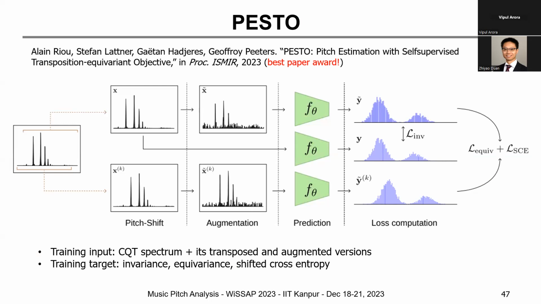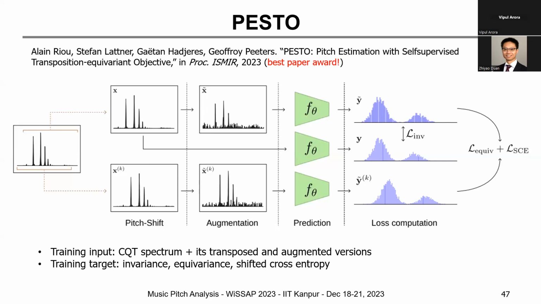Okay, now we can look at the relationships. We pass these three things, the original, the noisy, and the shifted noisy, to the same neural network, f theta, and compute the probability of the output. So this is the pitch range.